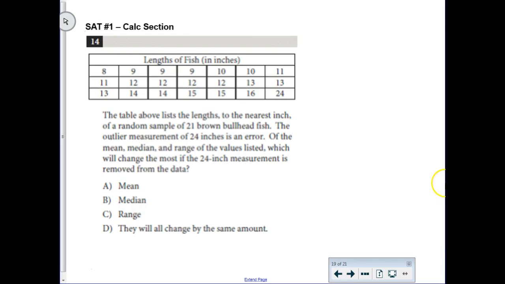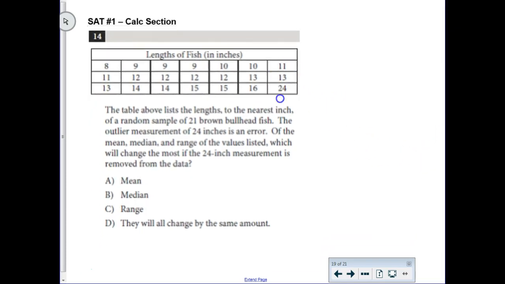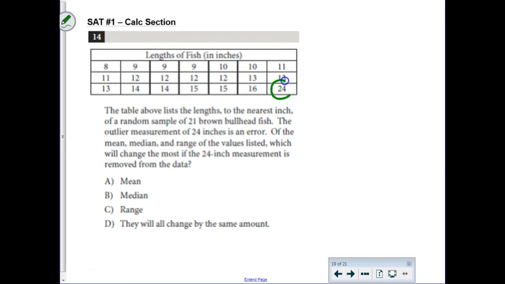Of the mean, median, and range of the values listed, which will change the most if the 24 is removed? So, you have an option of entering all this data into your list 1 and doing one variable stats and writing down the mean and median. The range is easy for you to calculate without your calculator.